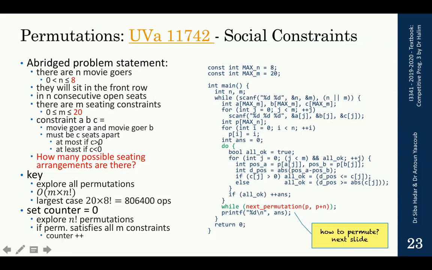If C is positive, they must be at most C seats apart, so the difference must be less than C. And if C is negative, they have to be at least C seats apart, so the difference must be at least C or bigger. The question here is, given n and m and the m constraints, how many possible seating arrangements can we have?